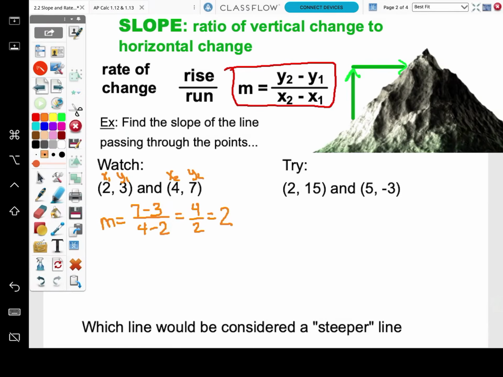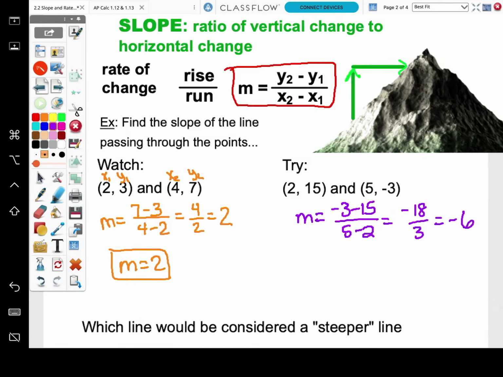So you have 4 over 2, which is 2. So slope is 2 here, right? Now you go ahead and try this second one here and see if you get the same thing. I do. So I'm going to take negative 3 minus 15 and 5 minus 2. So we get negative 18 over 3, slope of negative 6.